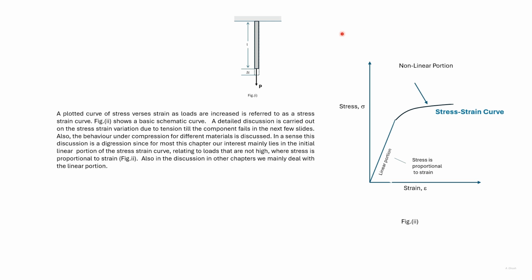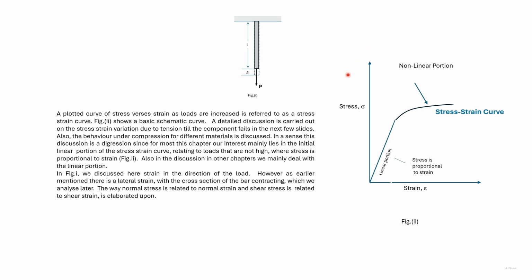We'll discuss such reduction in the cross-section area later on. We have already mentioned that normal stress is proportional to normal strain, but we'll discuss more on this aspect. We'll also discuss the relationship between shear stress and shear strain.